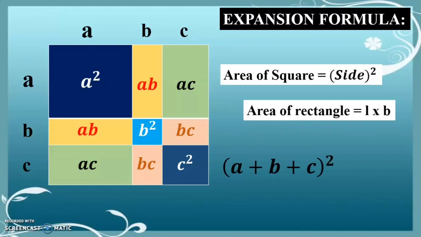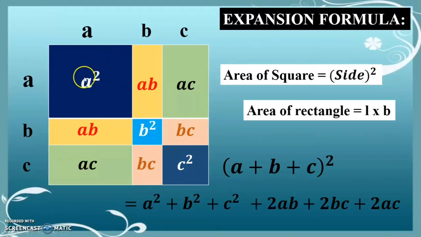So this can also be written as the sum of the individual areas, that is equal to a square, the area of this square, b square, the area of this square, plus c square, the area of this square, and plus the area of the rectangles, which is ab and this ab, which is going to be 2 times ab.